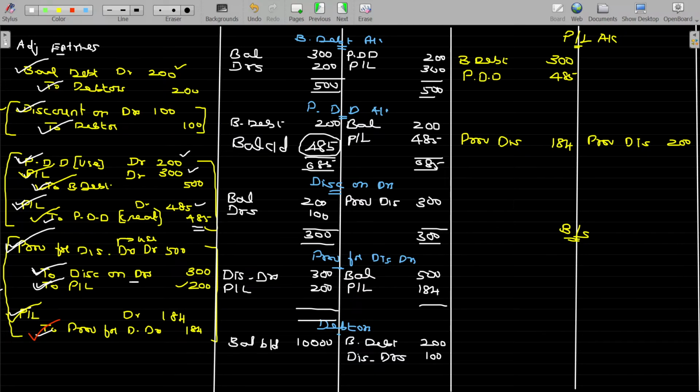Provision for discount on debtors 684, 184 is the closing balance carried down. And if I tally the debtors, this balance being 9,700 balance carried down.